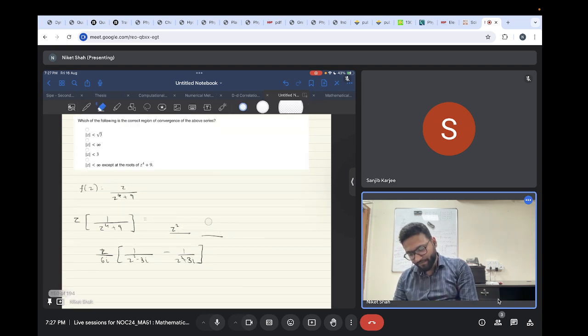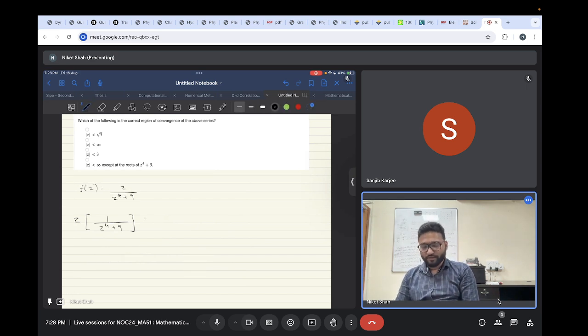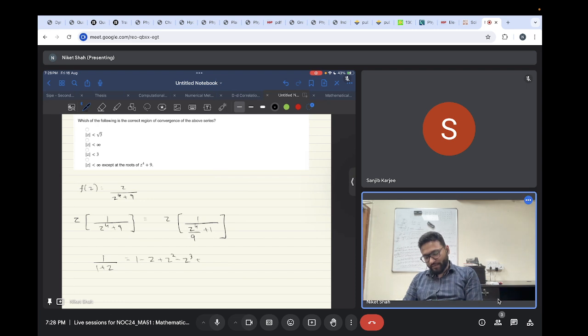I think a better way would be to simply write it as z into 1 upon 1 plus z. So what does this expansion look like? 1 minus z plus z square minus z cube plus etc.